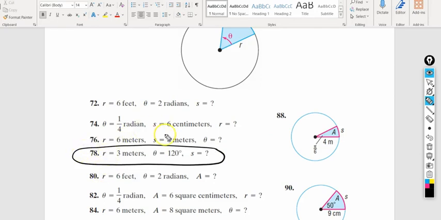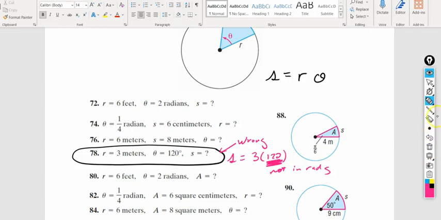Well, we have our formula. If you memorize that, that's one thing, but it is wrong for this one to do that because that's not in radians. So we've already done this.